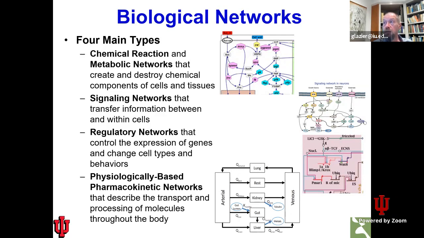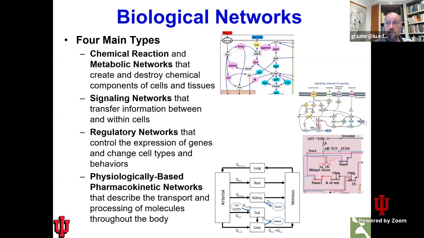We'll definitely deal with the metabolic network when we do viral replication inside of cells. We'll do physiologically based pharmacokinetic models of drugs in the body. We'll do a little bit of regulatory network modeling.